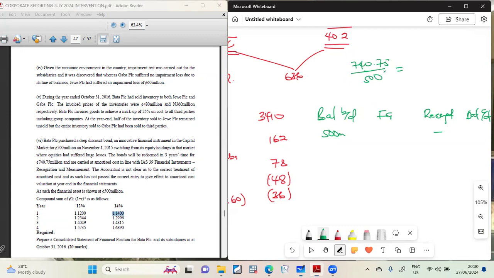By 100%. 1.48. Multiply by 100%. You said 1.48 by 100%. 148.15. Yeah, so that is giving you close to, in terms of percentages, 148.15.